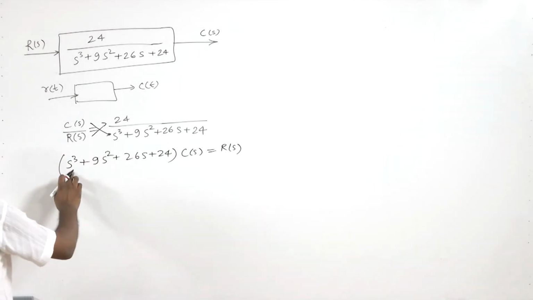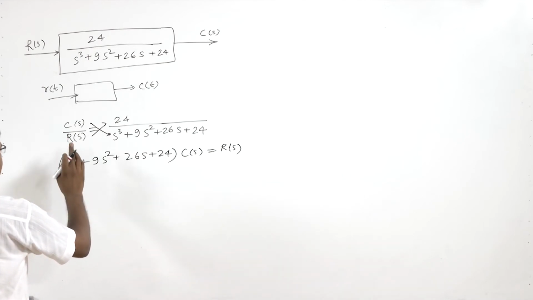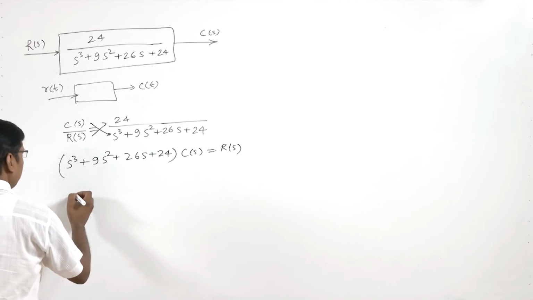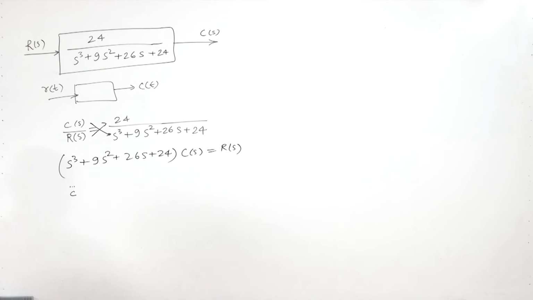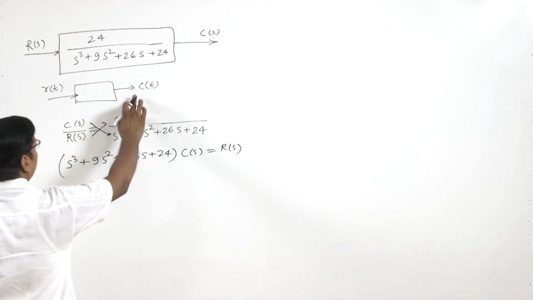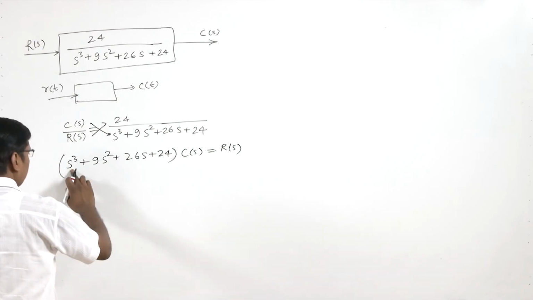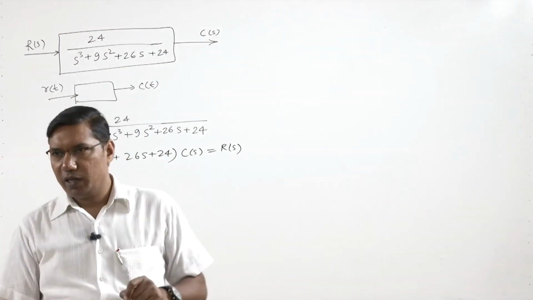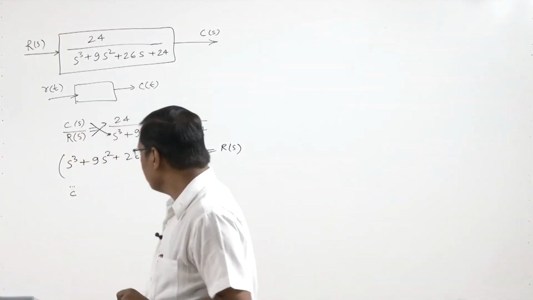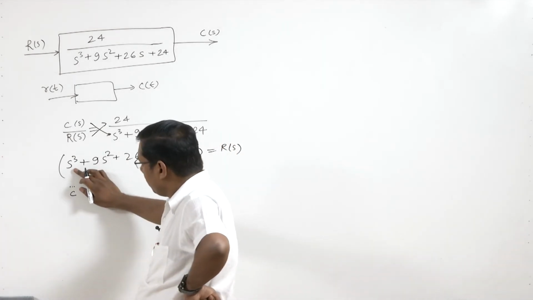So here s cube, if we have this output C(t), gives C triple dot, because the Laplace transform of the nth order derivative is s power n.